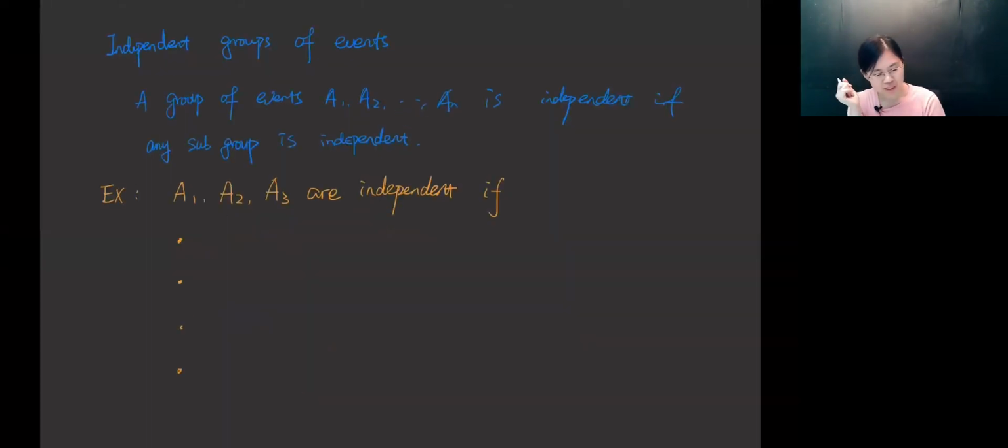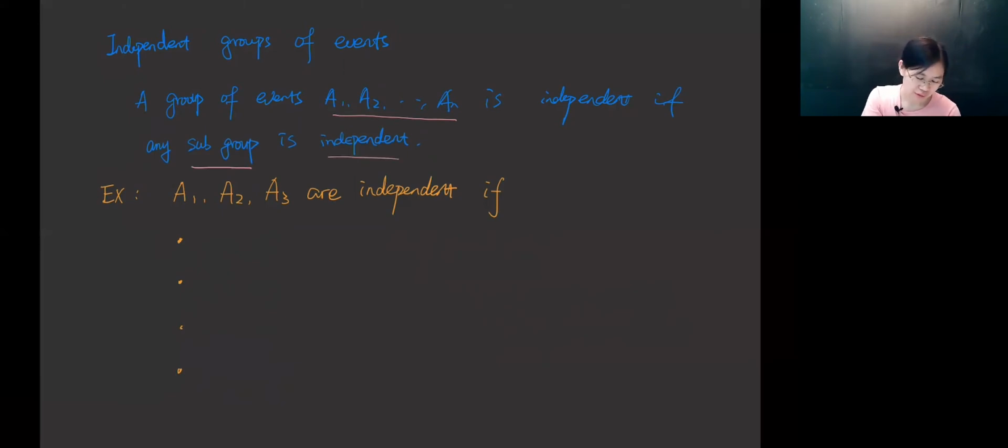The next concept of independence is a little bit more complicated. That's the independence of a group of events, independent groups of events. A group of events, A1, A2 to An, is independent if any subgroup is also independent.